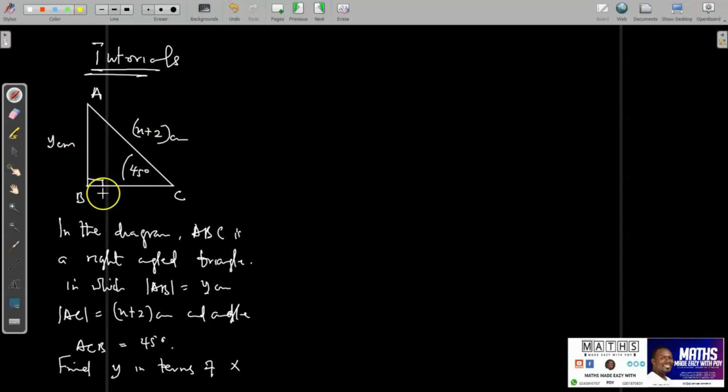Based on the information given, what must you have in mind? You have to generate an equation, obviously. How can we generate an equation based on the information given to us from the right angle triangle?